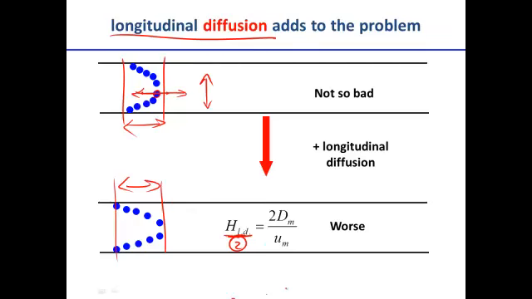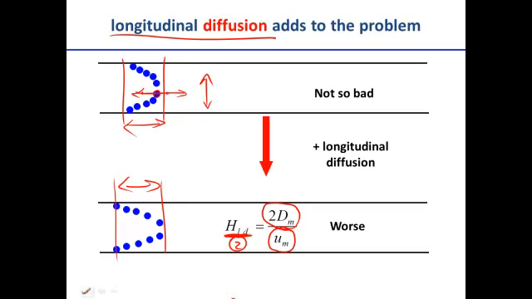So if we look at the terms here, we see that as expected, as diffusion increases, as Dm becomes larger, this part of H gets bigger, which is bad. And on the other hand, as u becomes larger, in this case, H becomes smaller, which is good.